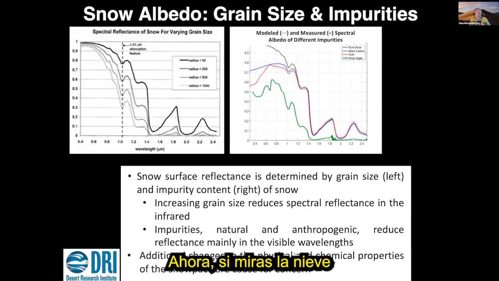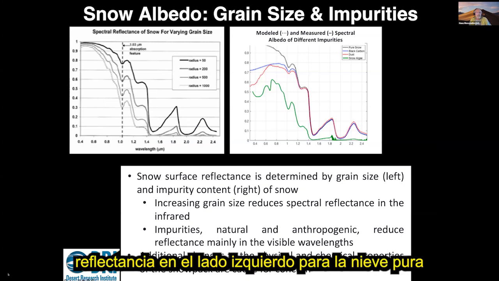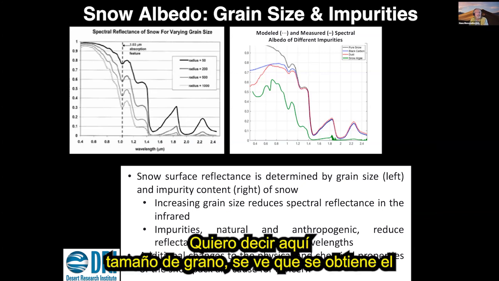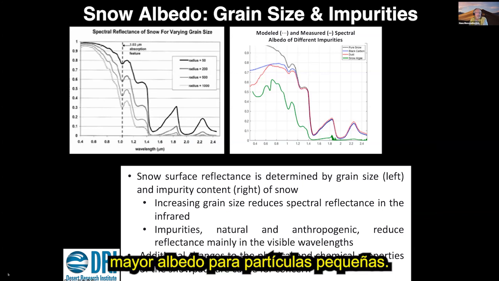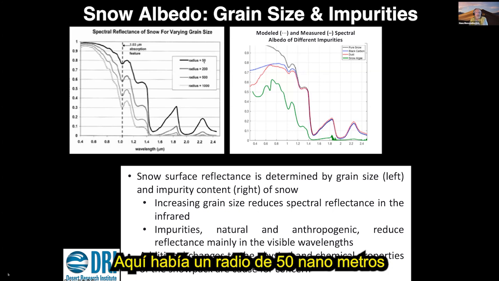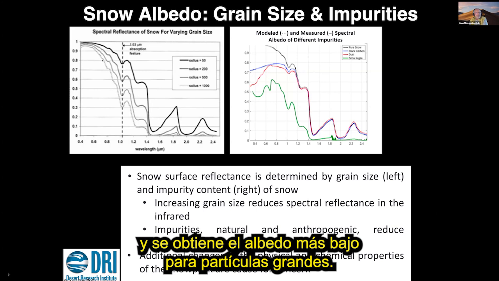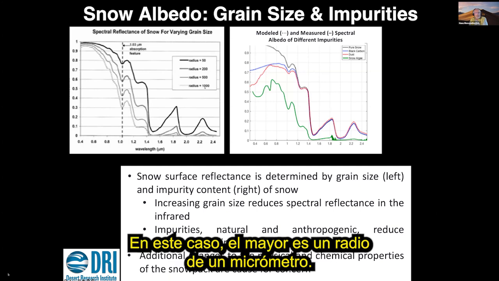Now, if we look at snow reflectance on the left side for pure snow as a function of size. And with size, I mean here grain size. You see that you get this highest albedo for small particles, here with a radius of 50 nanometers, and get the lowest albedo for large particles. In this case, the largest is a radius of 1 micrometer.